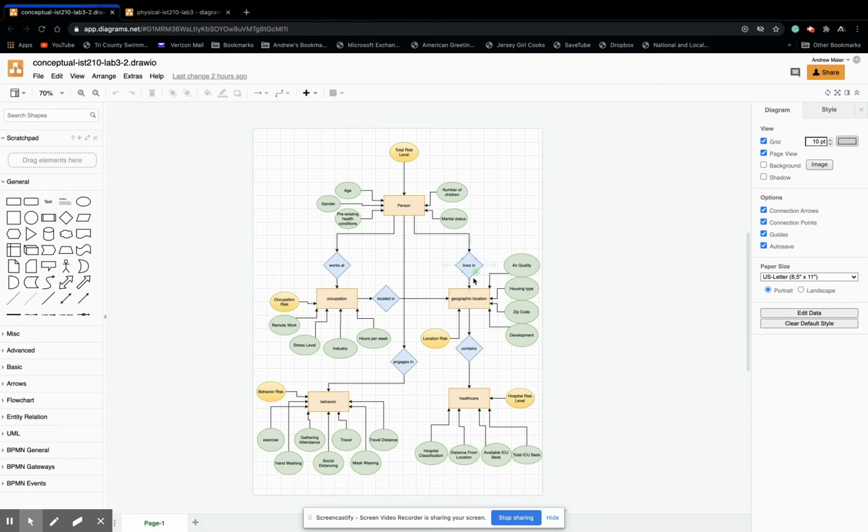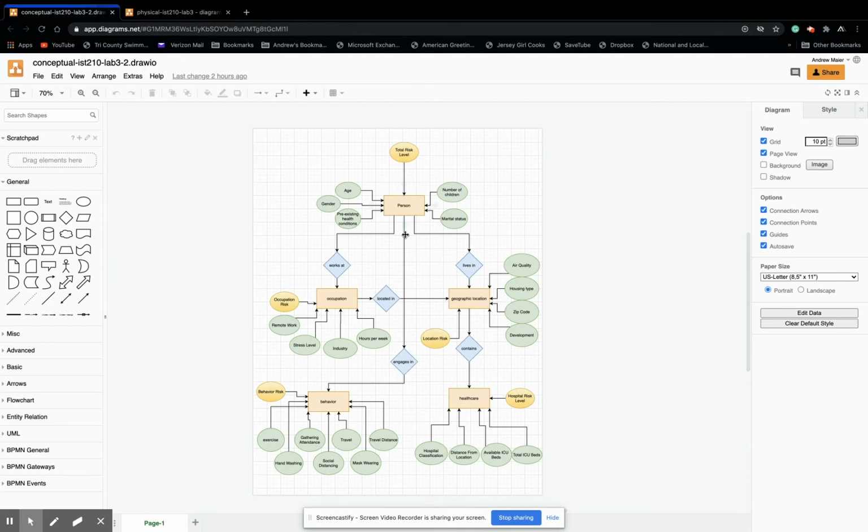A person lives in a specific place, and there's a set of attributes for that place. Now, a place is going to have one or more hospitals located in or near it. So that's going to be tied into the location, and then there's attributes associated with that.